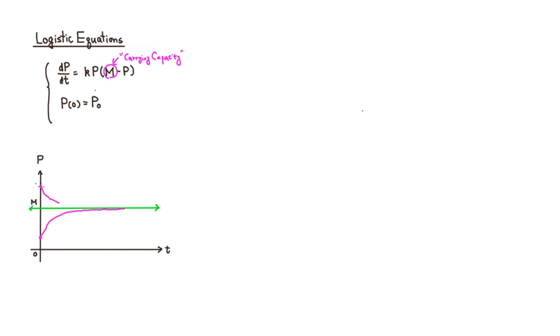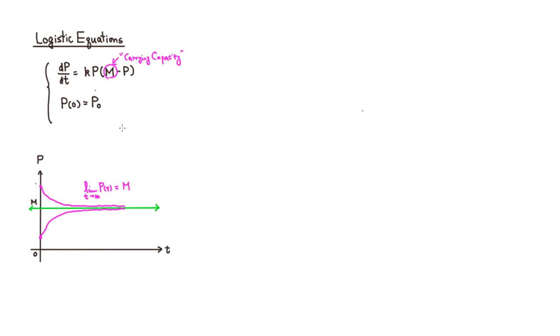But as before, as the population gets closer to M, the curve is going to flatten out. So the population gets closer to M. And the limit of this population P of t as t approaches infinity is going to be this carrying capacity.